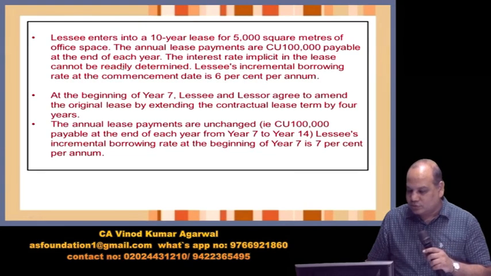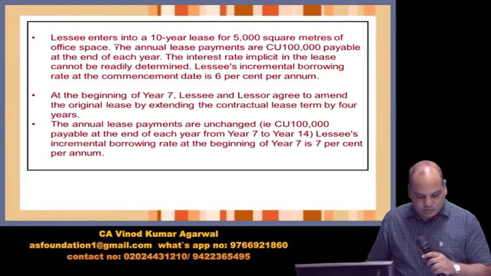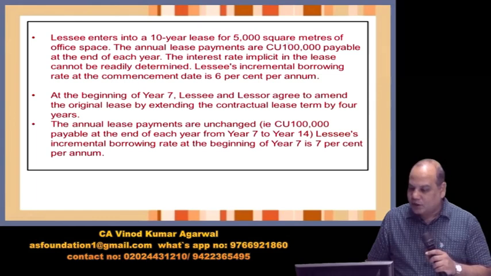So what we are going to do, we are going to increase the lease period from 10 years to 15 years in this example. Come to this question printed just below that. Lessee enters into a 10-year lease for 5,000 square meter of office space.